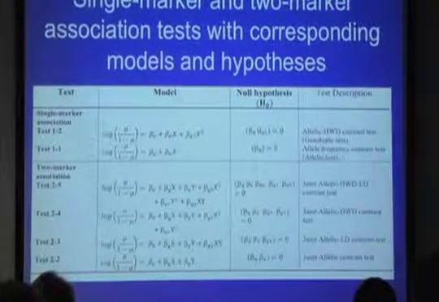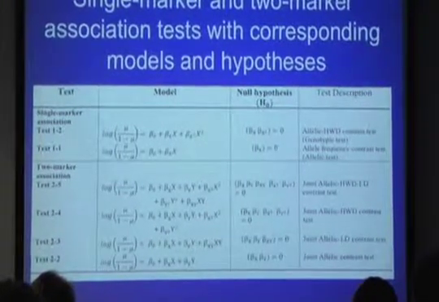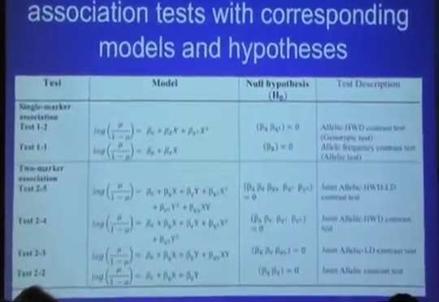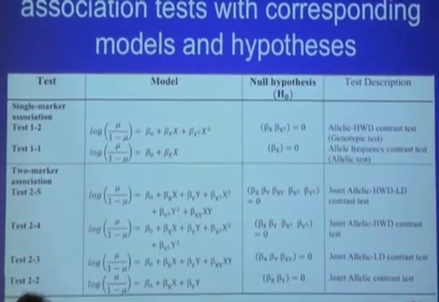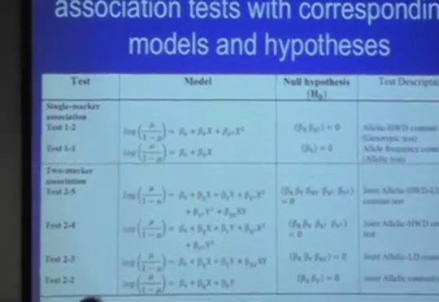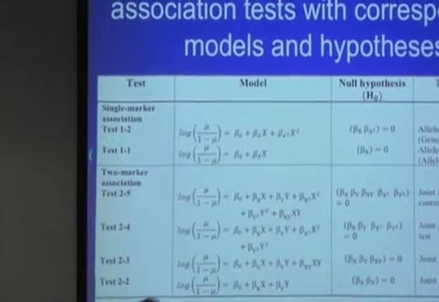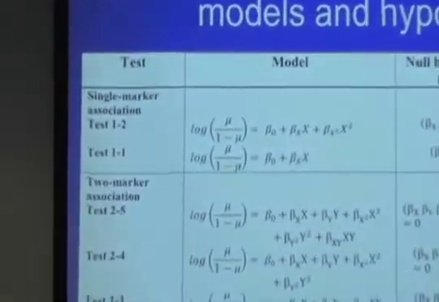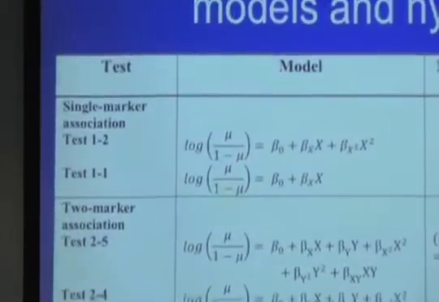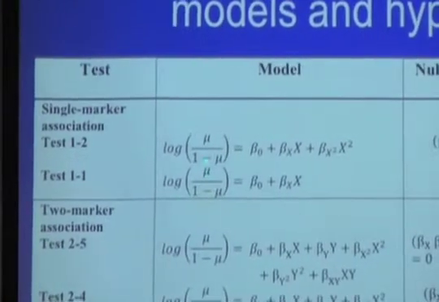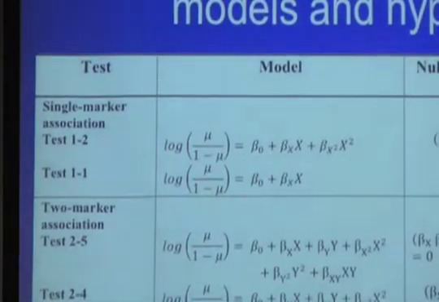The idea of this table is we're going to use logistic regression. So, mu is going to be the probability of disease. What everybody would normally do is use the logit of the probability of disease, rather than just the probability of disease by its constant.